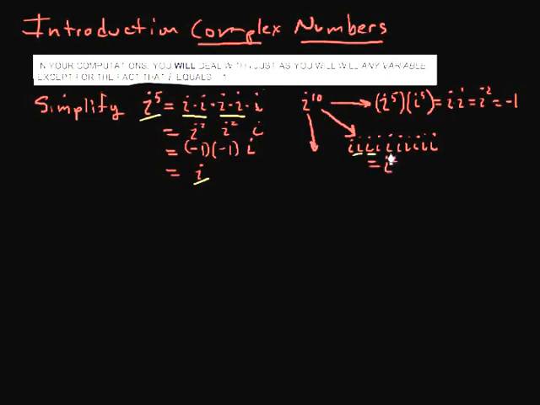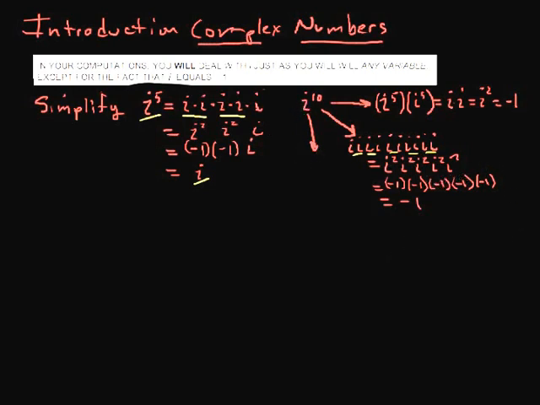There's another one, another one, another one, another one. So there's 5 of these, 5 i squareds there. Each one is equal to -1. So -1 times -1 is +1, then -1, then +1, then -1. So this is equal to -1. Perfect, right? Got the same answer.